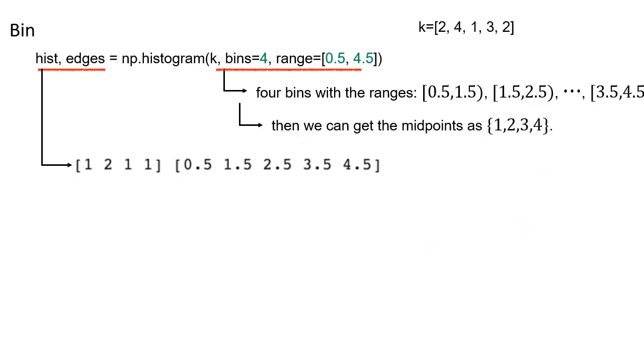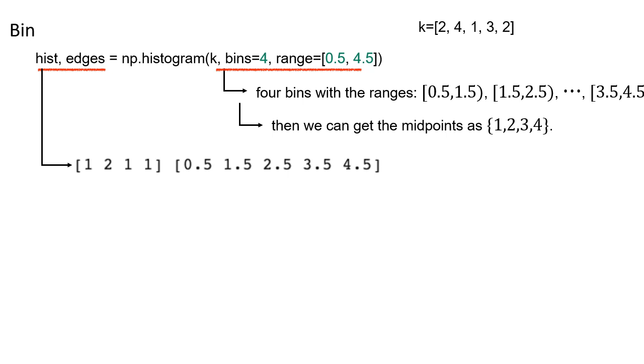Actually, here is the example. In this 4-bin case, the degrees of our previous small network have a maximum of 4 and a minimum of 1. So we use the range 0.5 to 4.5.